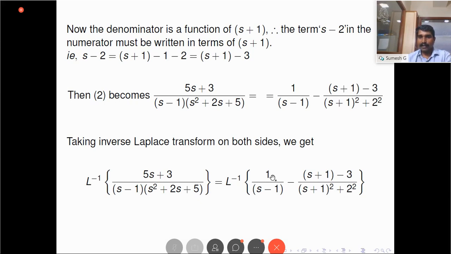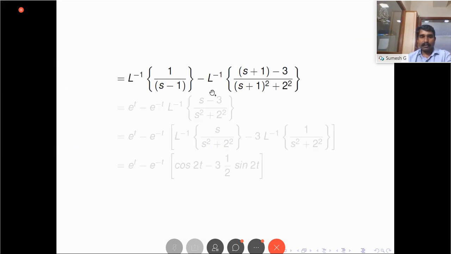Here we apply the linearity property. The inverse of the first one can be directly obtained. Inverse of 1 by s minus a is e raised to at. Here a equal to 1. Consider the second expression. This is a function of s plus 1. So to eliminate the effect of this plus 1, we have to multiply this expression by e raised to minus t.